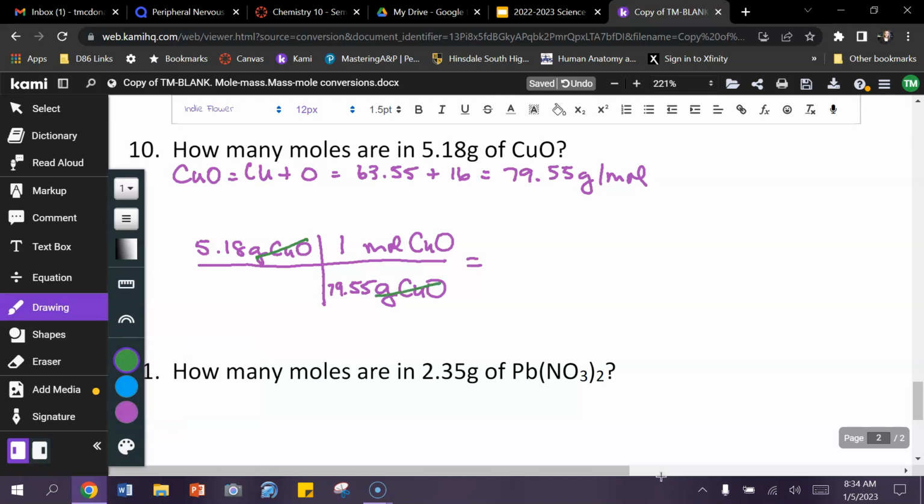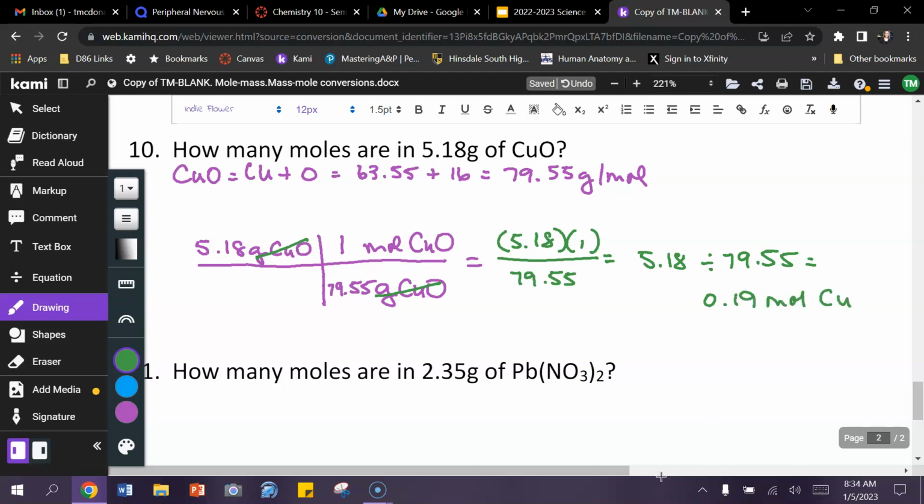Cross out the units that are at the top and at the bottom, and we're going to multiply across the top. 5.18 times 1 divided by 79.55. In your calculator, you would type in 5.18 divided by 79.55, and your answer here is going to be a small number, 0.19 moles of CuO, of copper 2 oxide.